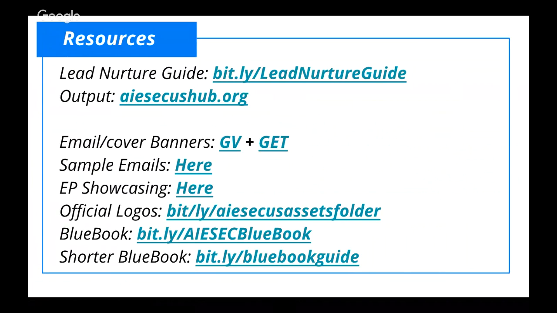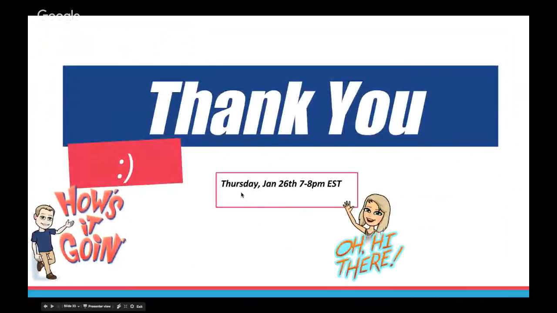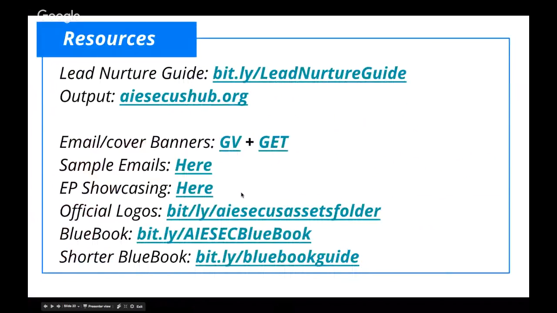She has typed up and provided example emails that you can reference, edit, and adapt for your LC. If you use EP showcasing, whether it's videos or photos that the national NST has made, you can access those here to add into your emails. Of course, all the official logos are always available.